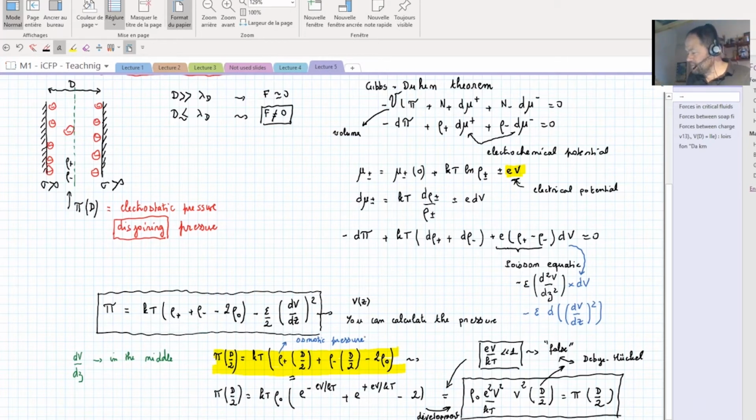Yes, but it's in a smarter way, because the point is that when I go to this term, in the pressure you have one term which is obviously osmotic, but this term that I can neglect in the middle is not completely osmotic, so it's a clean demonstration of what the pressure is.